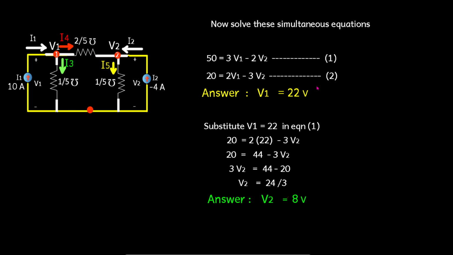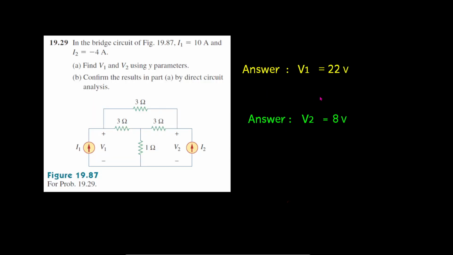Now we substitute this V1 value into the second equation, so that it becomes 20 equal to 2 into 22 minus 3V2. So 20 is equal to 44 minus 3V2, or 3V2 is equal to 44 minus 20. So V2 is equal to 24 by 3, that is 8 volts. So we got the answers: V1 is equal to 22 volts and V2 is 8 volts.